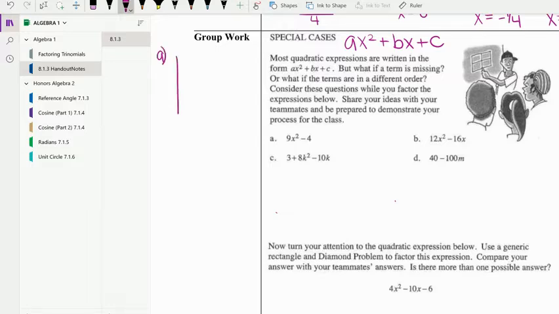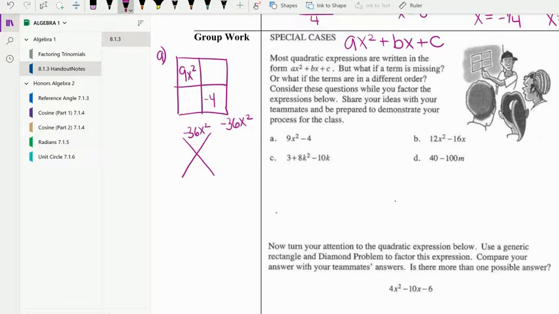So if we were to put what we have in our box, in the first box, we would place 9x squared. In the last box, we would place -4. So we would get -36x squared. All right, so in our diamond, at the top would be -36x squared for our product.